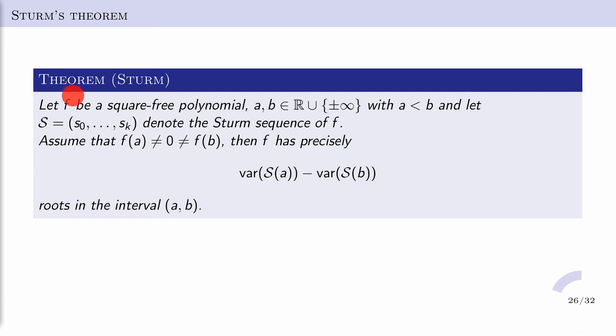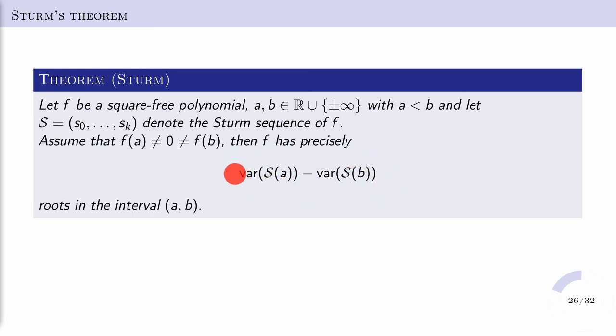So we have a polynomial, we have an interval, possibly the whole real line, and we compute the Sturm sequence of this polynomial. If we assume that the endpoints are not roots of our f, then inside this interval, between a and b, f has precisely this number of roots.